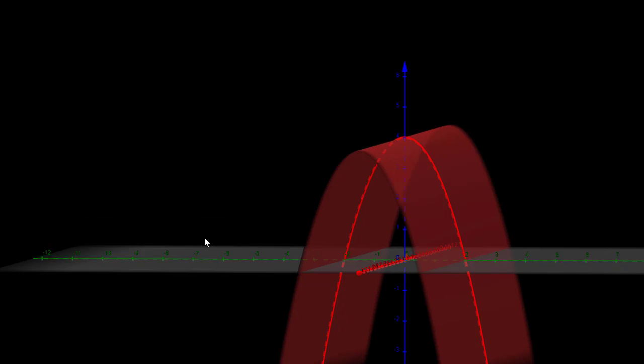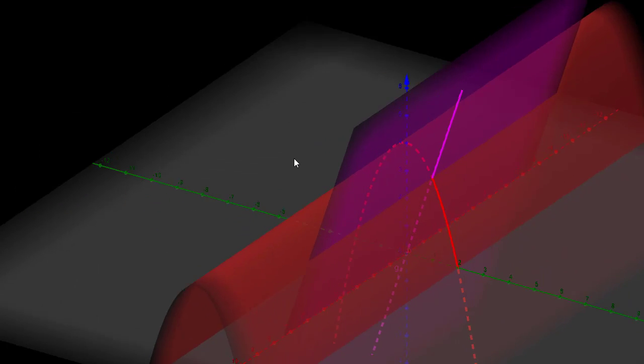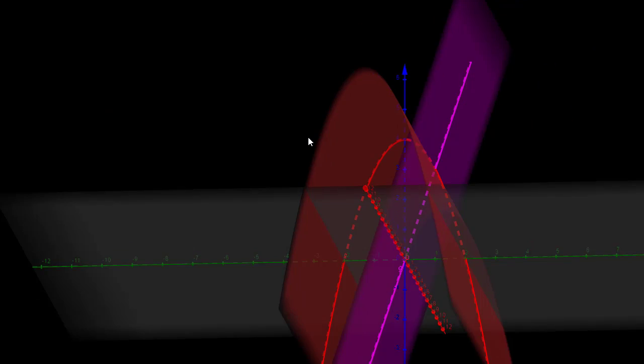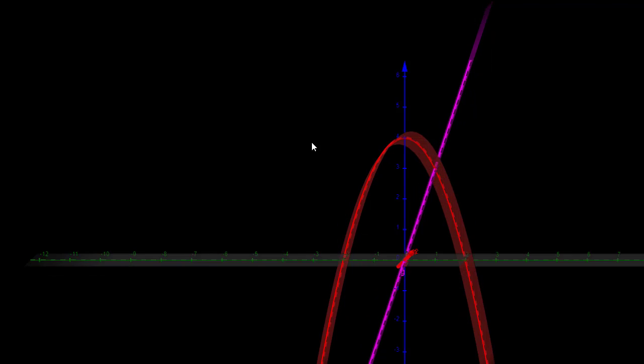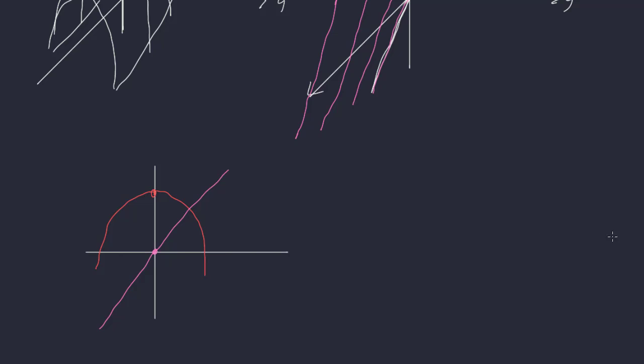Now if we look at this straight on again, there's the line z equals 3y, and here's the plane that corresponds with that. You can kind of see where they intersect here on the yz axis, and that's essentially what we're creating here.